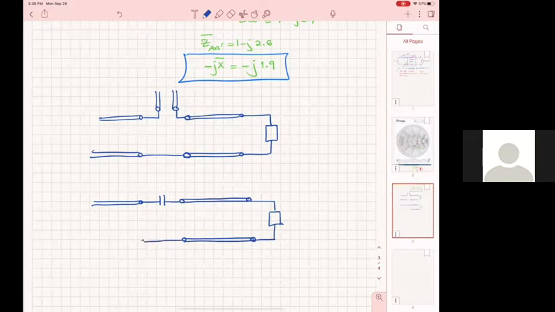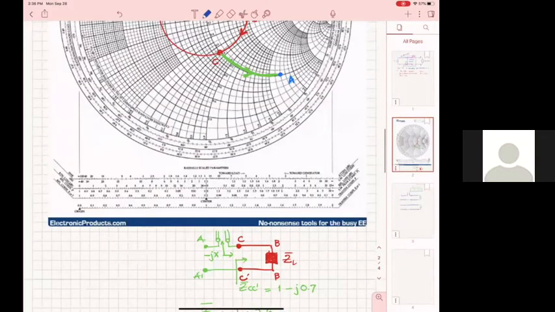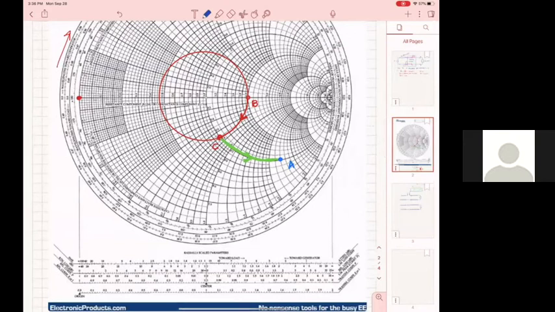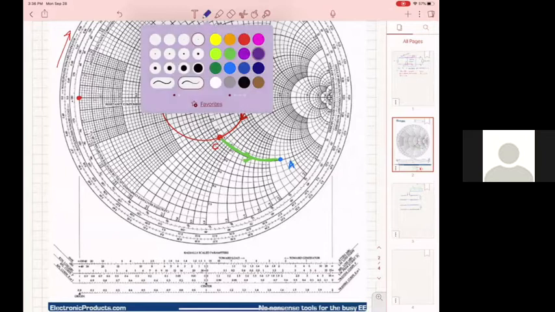And for my design frequency, I will find out the length of the line that I have to draw.